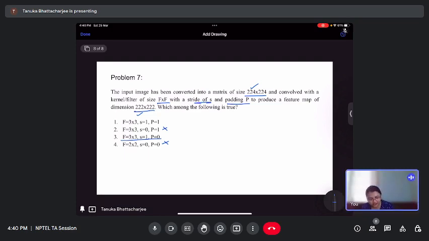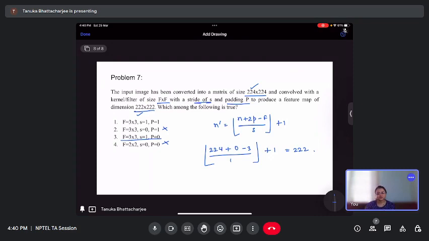Using our formula: 224 plus, let's say P is 0, minus F is 3, divided by stride 1, plus 1, gives 221 plus 1, 222. So that's the valid option that matches, but we can also arrive at the solution by eliminating the others.